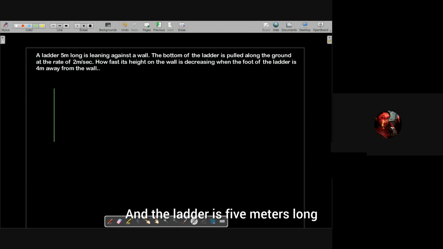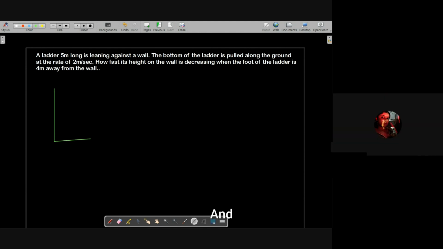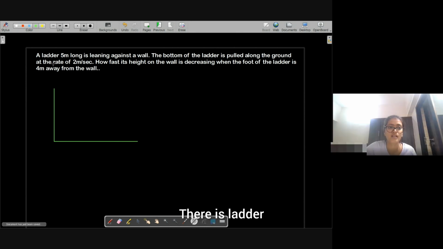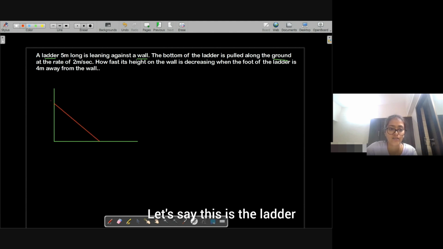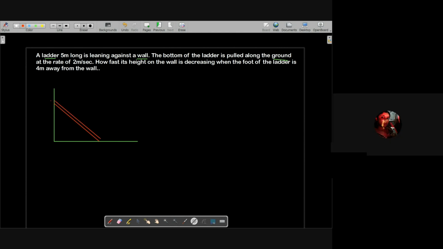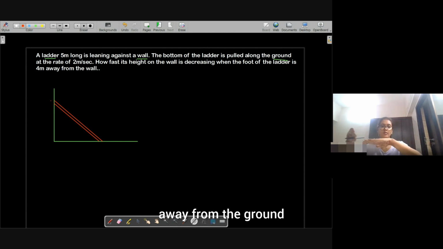The ladder is 5 meters long, leaning against the wall, and if you're pulling it away from the ground, it is pulled away along the ground, right? Yes.